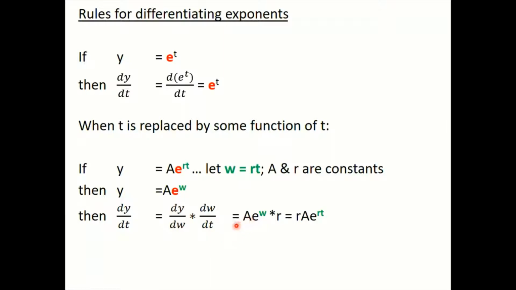Then finding the derivative of w with respect to t, we work with this function and we end up with r. Then if we substitute back for w, we end up with our final answer for the derivative.